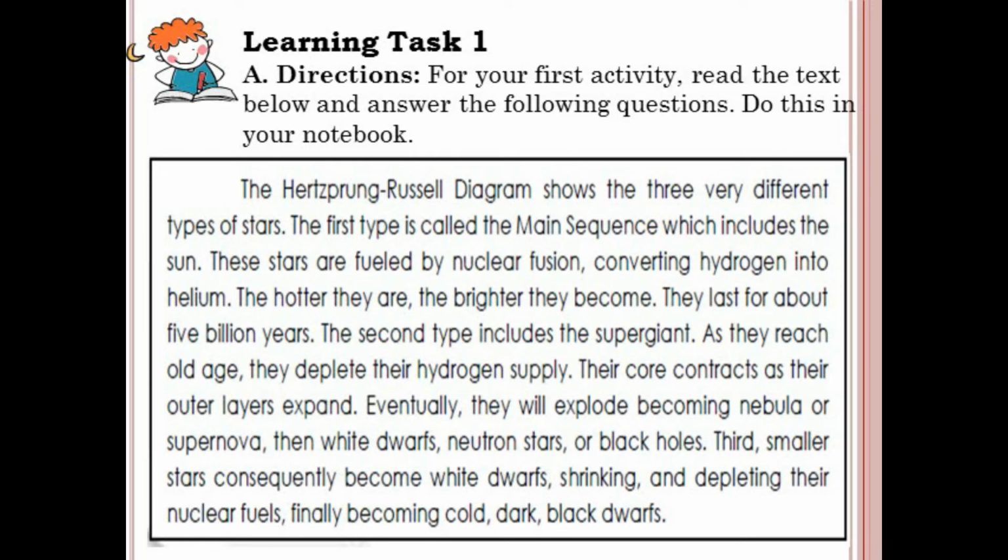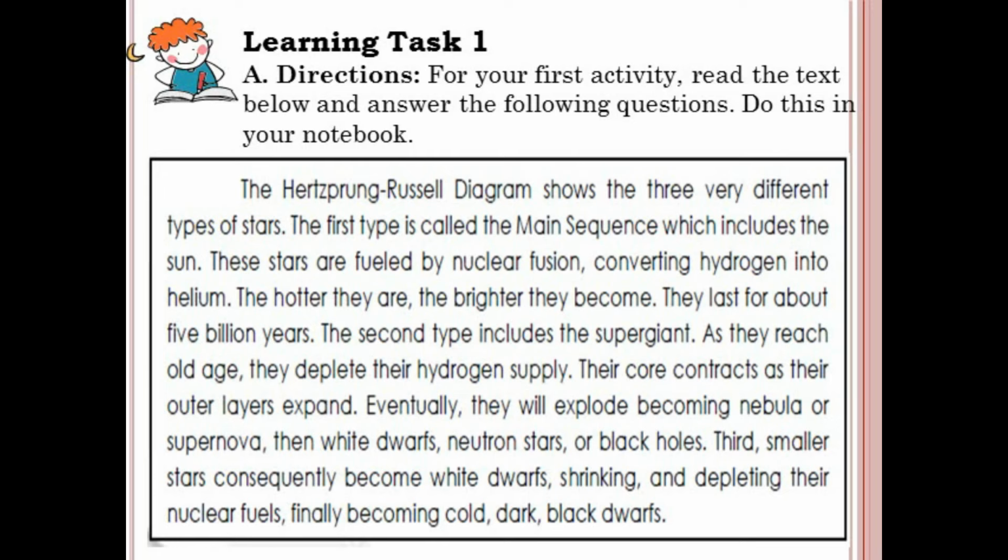Eventually, they will explode, becoming nebula or supernova, then white dwarfs, neutron stars, or black holes. Third, smaller stars consequently become white dwarfs, shrinking and depleting their nuclear fuels, finally becoming cold, dark black dwarfs.